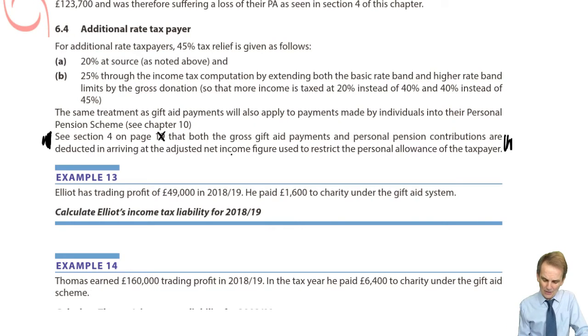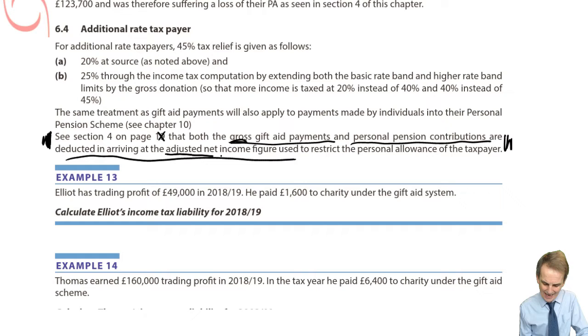But page 9, that both the gross gift aid payments, and also the gross personal pension contributions are deducted in arriving at the item, adjusted net income. The adjusted net income of the taxpayer. Remember what we did with that? We compared that to 100,000, the income limit.